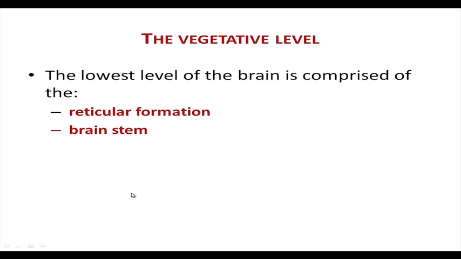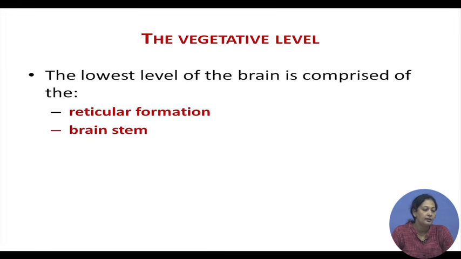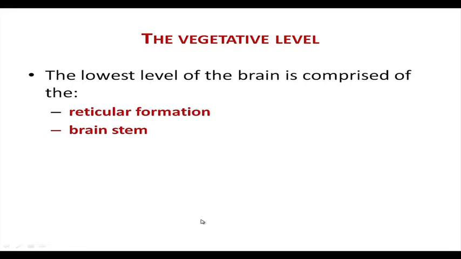So, coming to the vegetative level, the lowest level of the brain at the vegetative level consists of the two structures, the reticular formation and the brain stem. Now, both these structures, as we have seen, are related to the regulation of the responses.